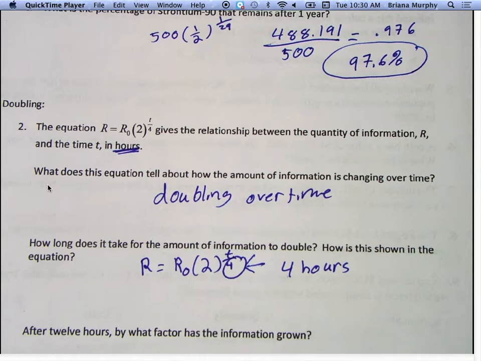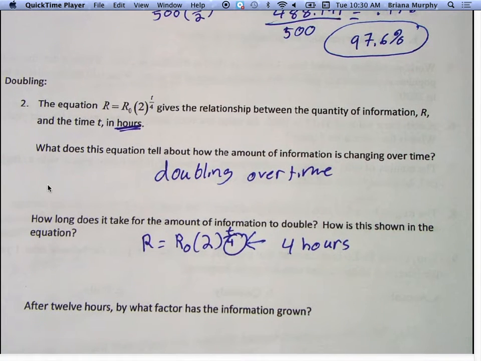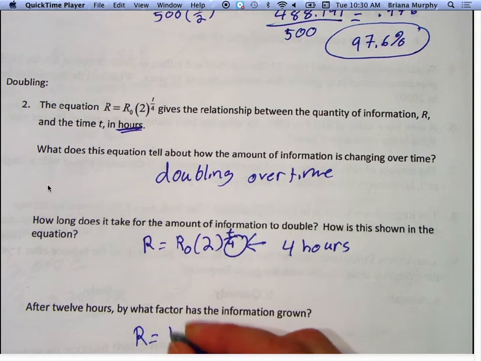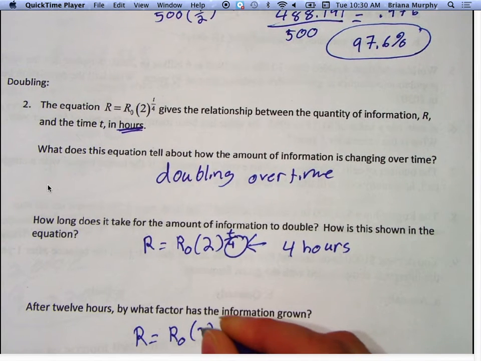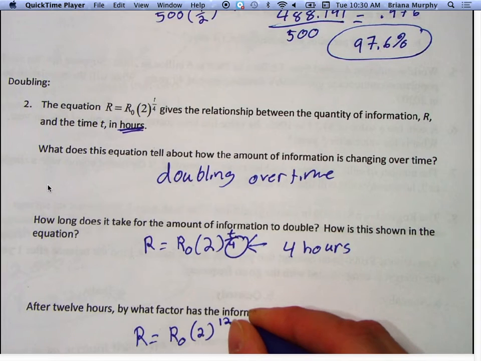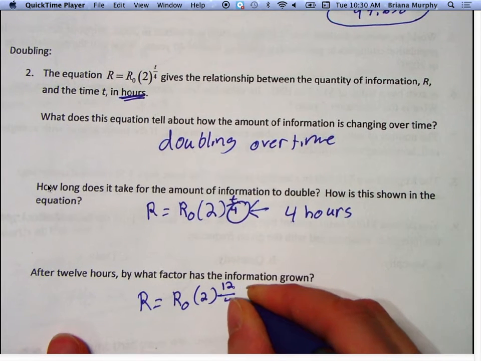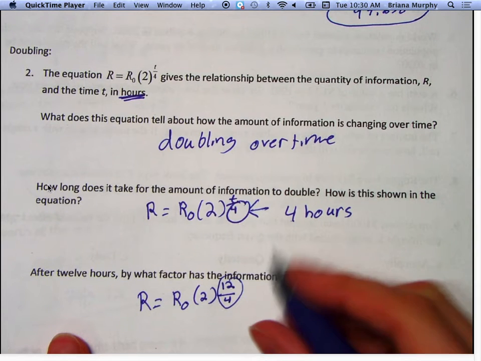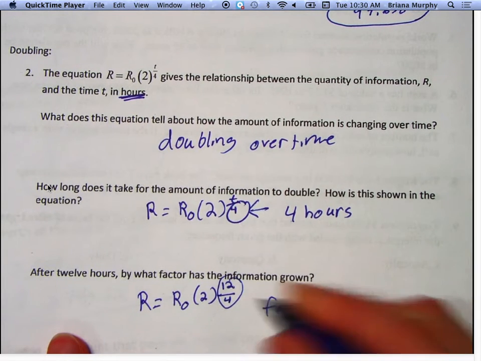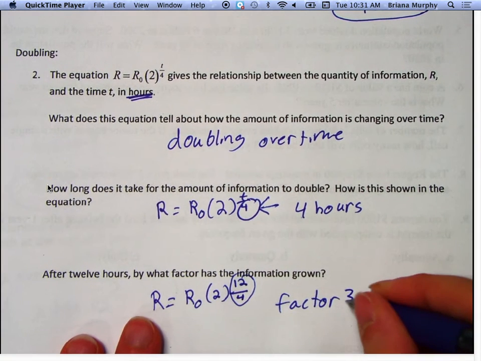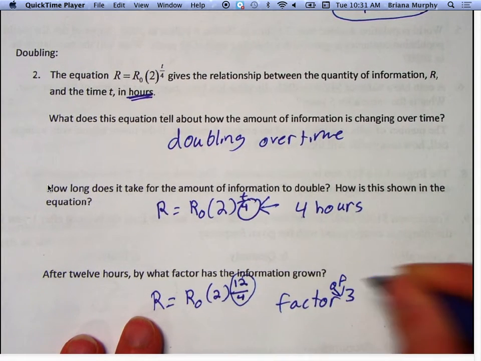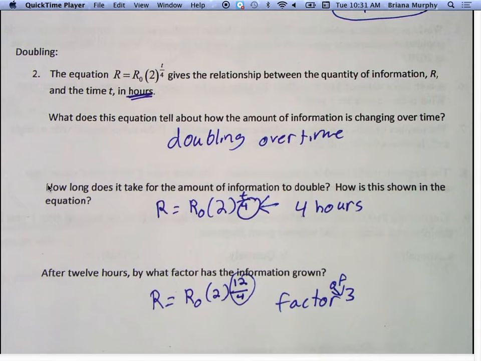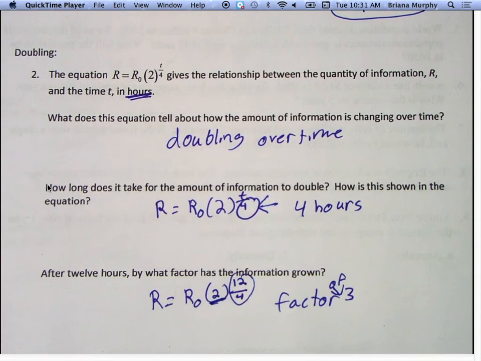So, after 12 hours, by what factor has the information grown? So if we say r equals r, the initial amount, times 2, we plug in 12 over 4, what does this become? A factor of 3. Because 12 divided by 4 is 3. So it's tripling? It is not tripling, because if it was tripling, that would be right here, right?